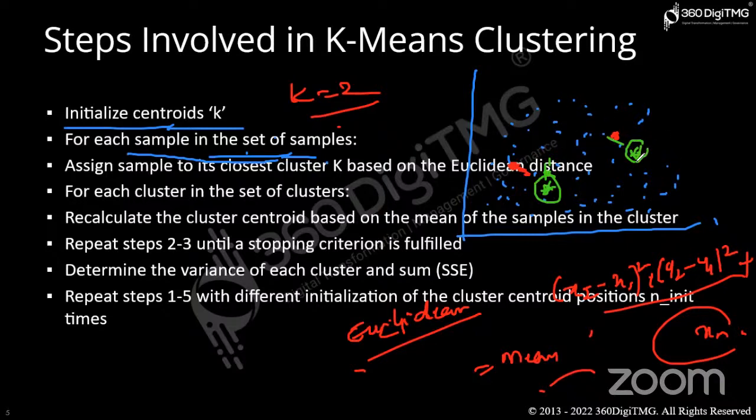Based on that, we calculate the mean again. If it is moving again, it will find a new centroid until it becomes constant, with no movement of the centroid. In that case, we can say this is the best model.